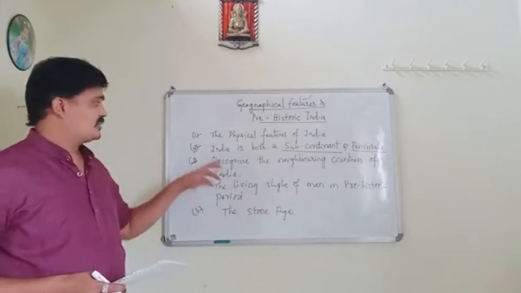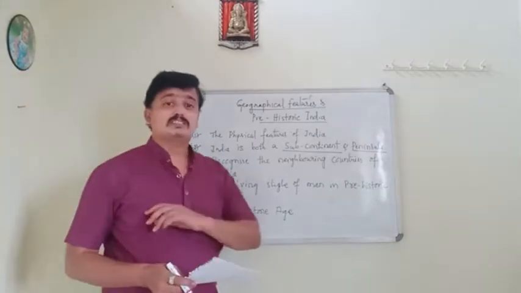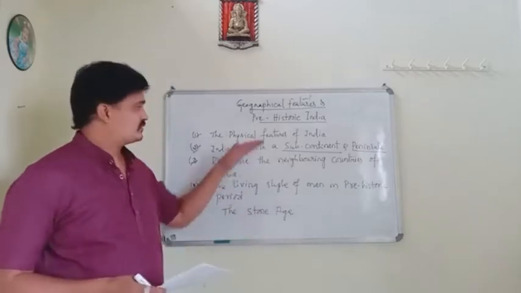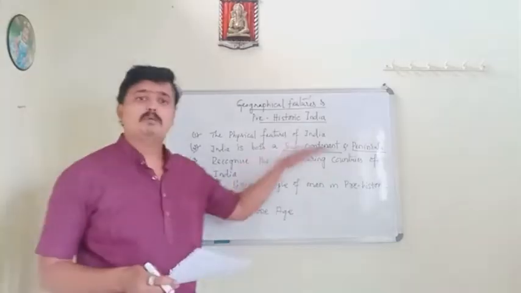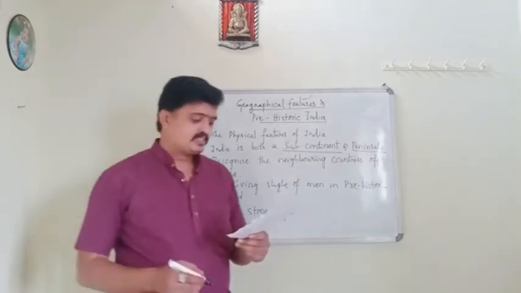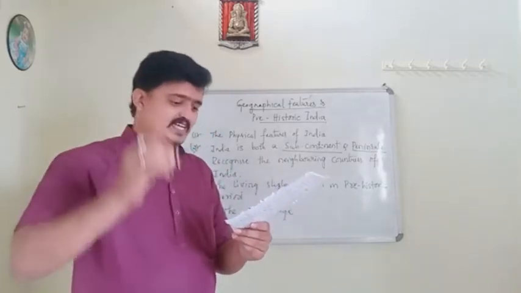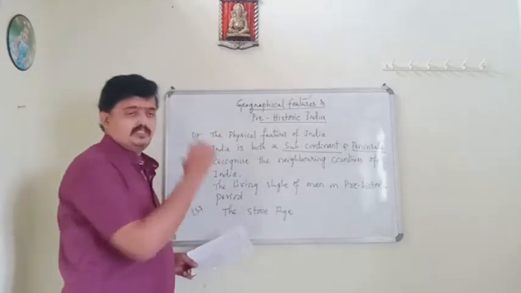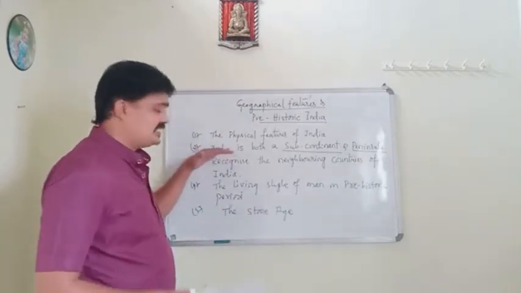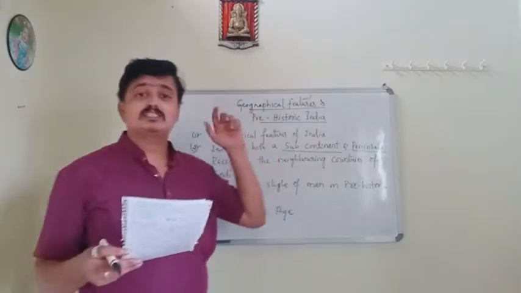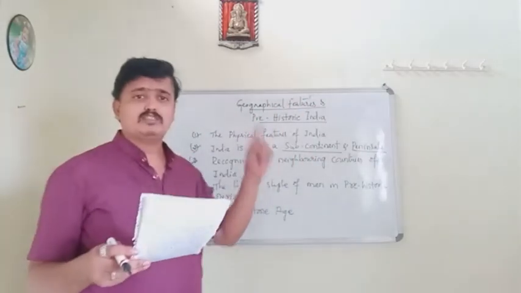And also I told you, India is both a subcontinent and a peninsula. So why is it called a subcontinent and a peninsula? It is called a subcontinent because it is occupying a huge area in the southern part of the Asian continent.